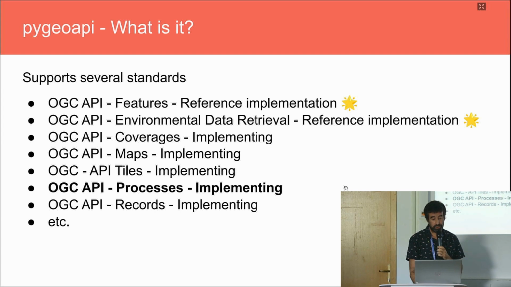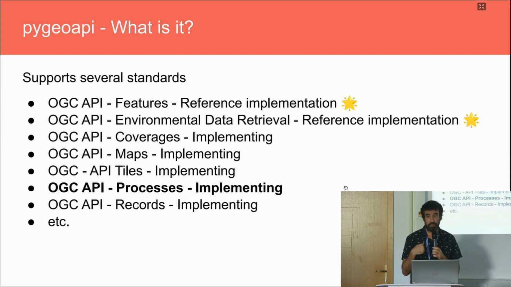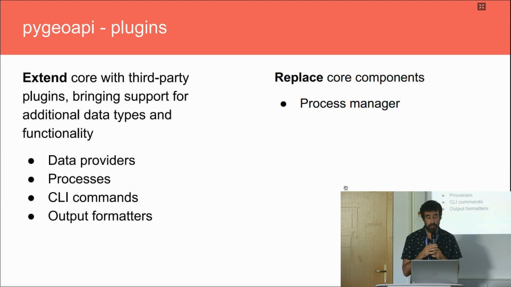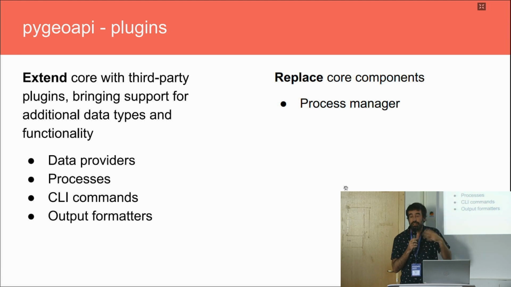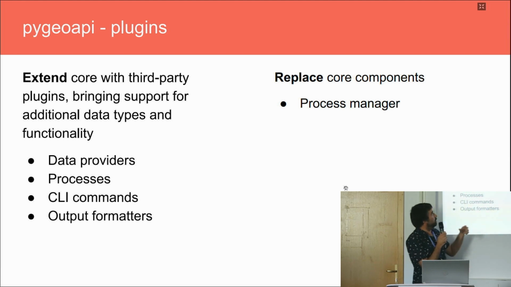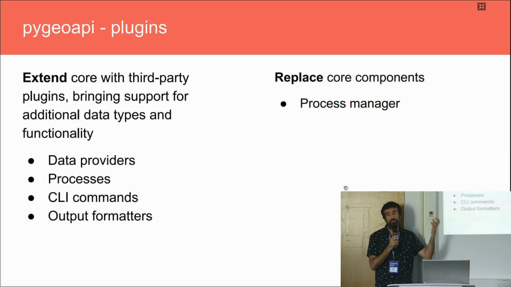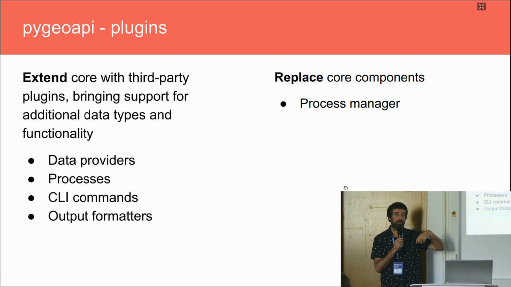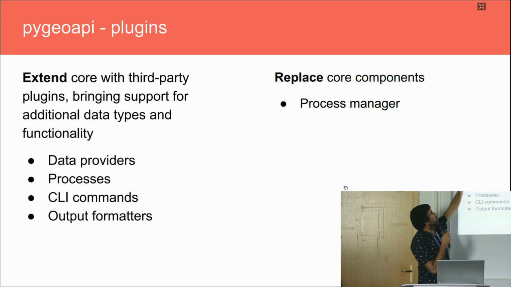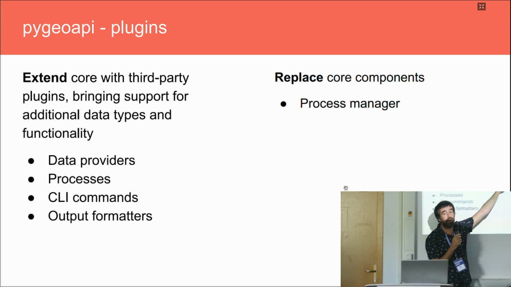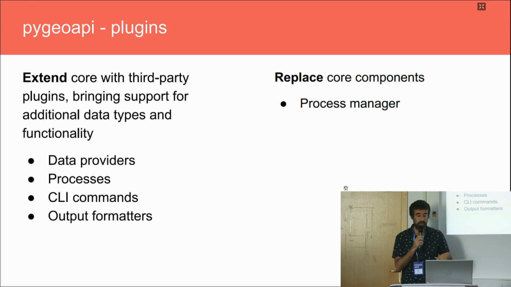pygeoapi is very interesting from a developer point of view because it is very modular and flexible. We can interface it with practically anything because it lends itself to plugins that bring additional functionality, either by extension or even by replacement.